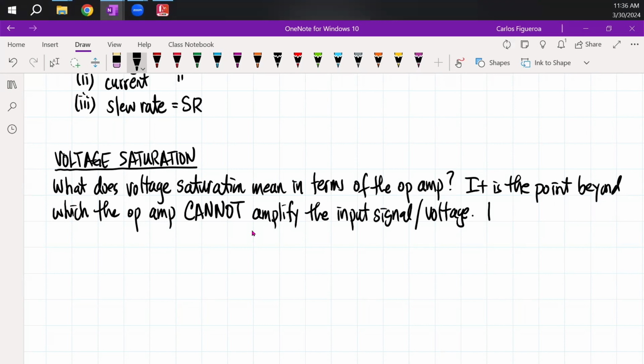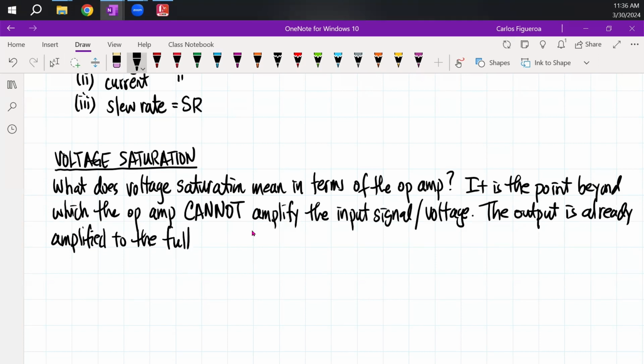In other words, the output is already amplified to the fullest voltage limit.